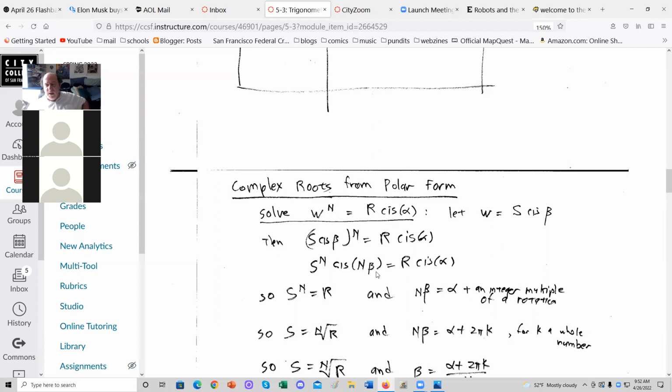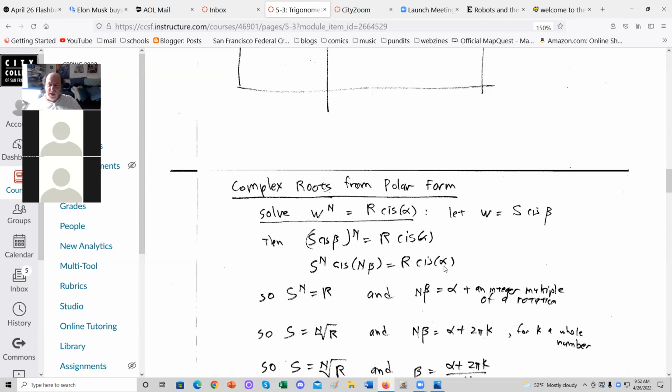Now, I didn't say this sufficiently, but if you have two polar coordinate versions of the same complex number, then the radii must be the same. In this case, S to the n equals R. And the angles differ by an integer multiple of a rotation, because if you go once around the circle, you end up where you were.